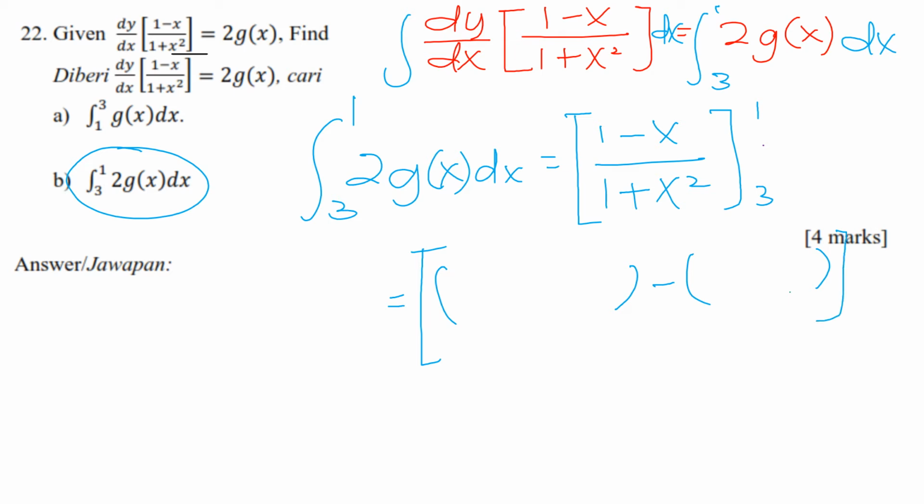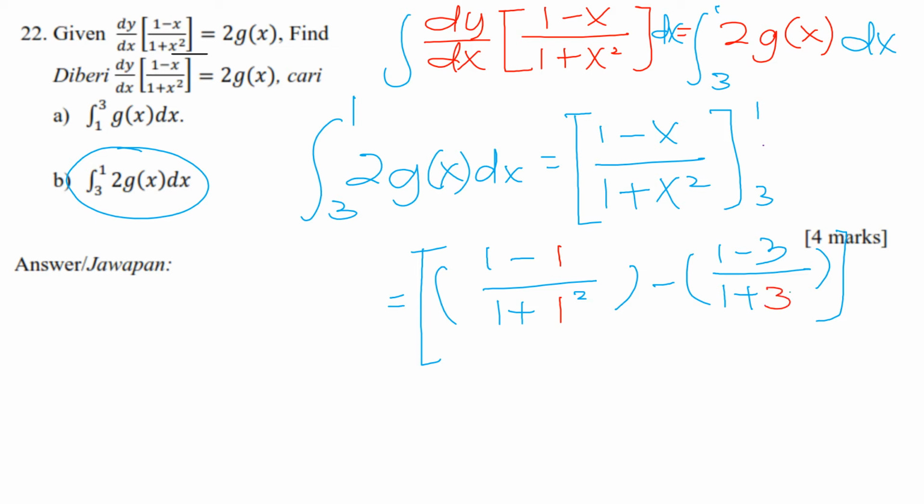So what is the upper limit? It should be 1 minus, upper limit is 1, over 1 plus 1 squared. Then lower limit 1 minus 3 over 1 plus 3 squared.